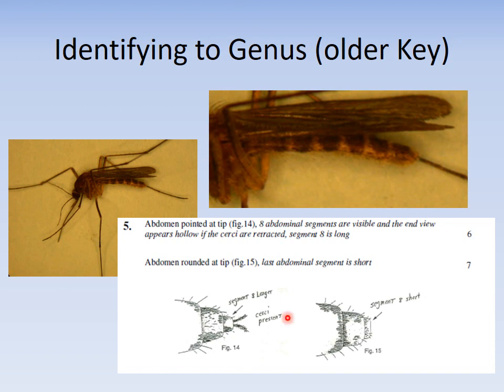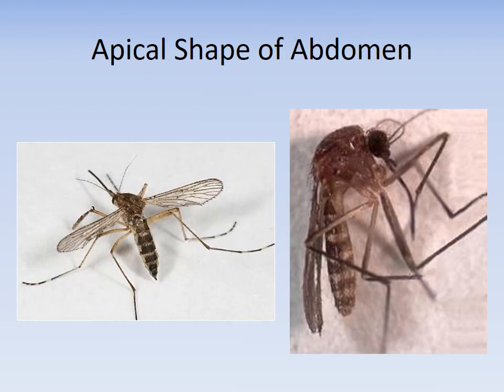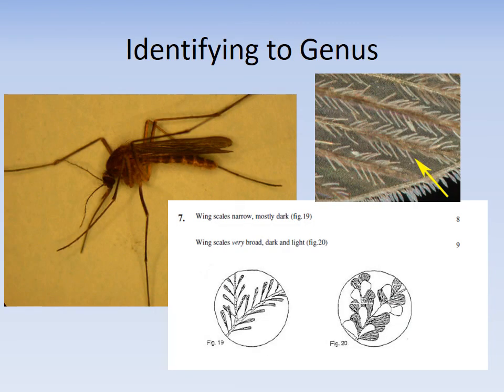And this specimen, Culiseta melanura, just gave away what species it is. It has a rounded abdomen. So something to remember. And then this whole apical versus rounded: the apical shape of the abdomen being pointed or rounded, and it's showing you the examples here.